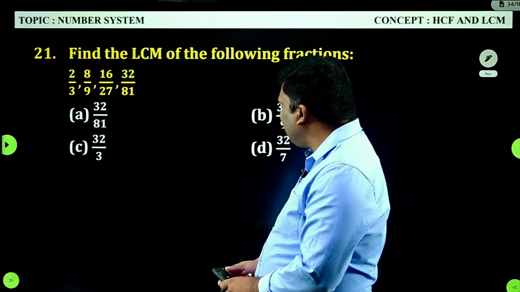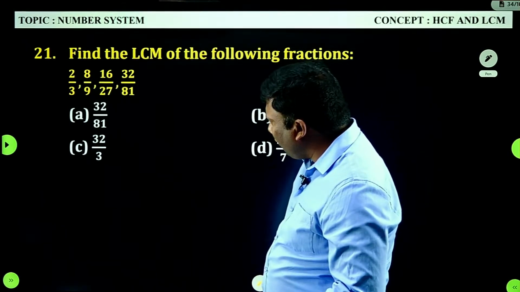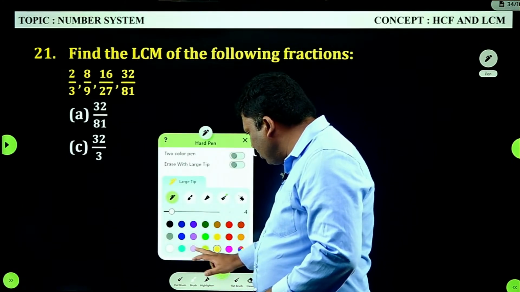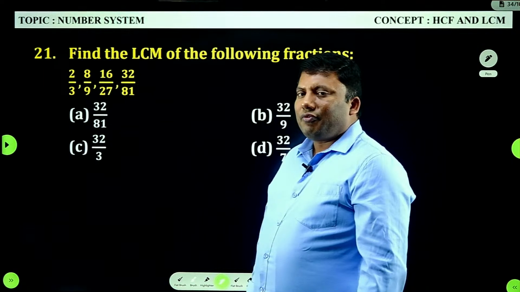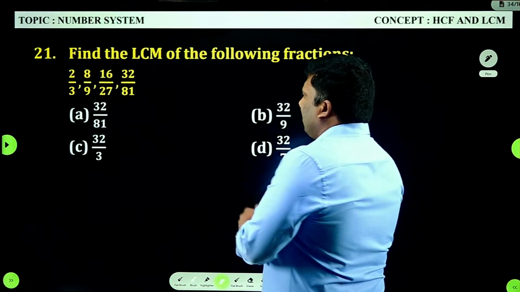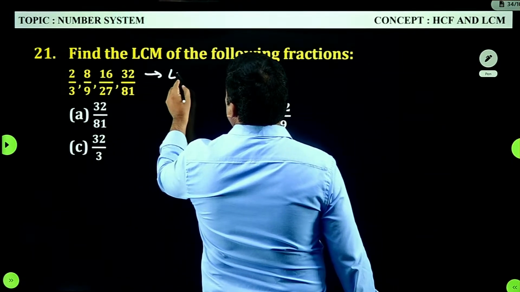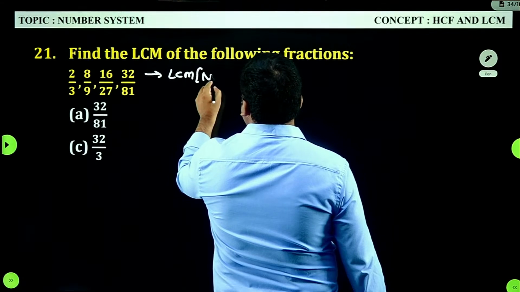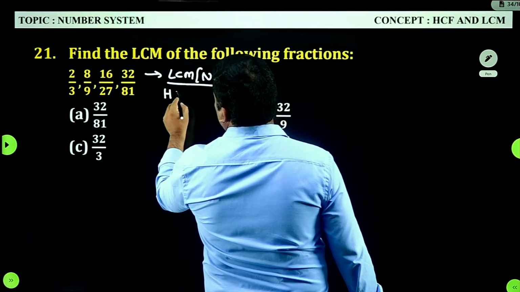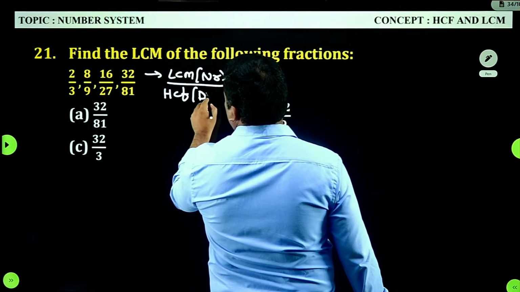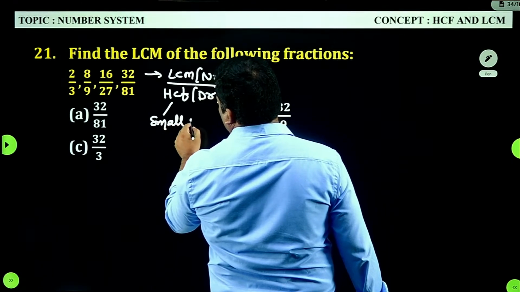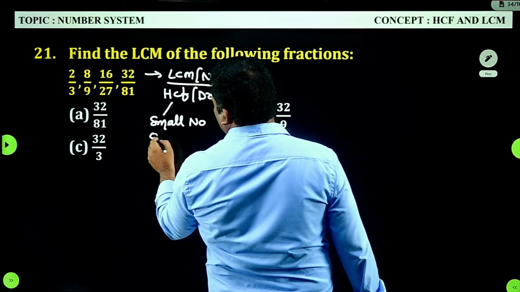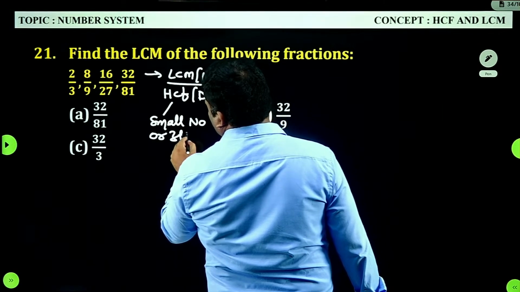Now, if you see this kind of questions also, you can eliminate the answers. Find the LCM of the given numbers. That means the answer is LCM of numerators by HCF of denominators. HCF means the smallest number or its factors.